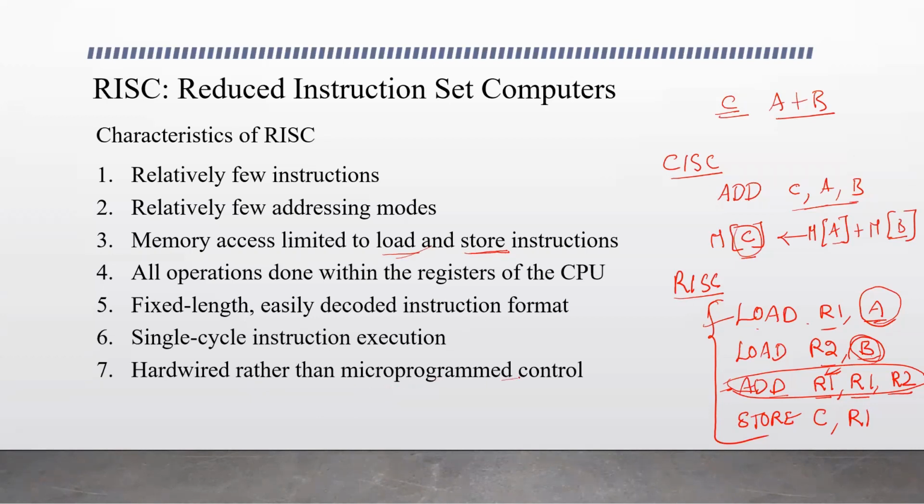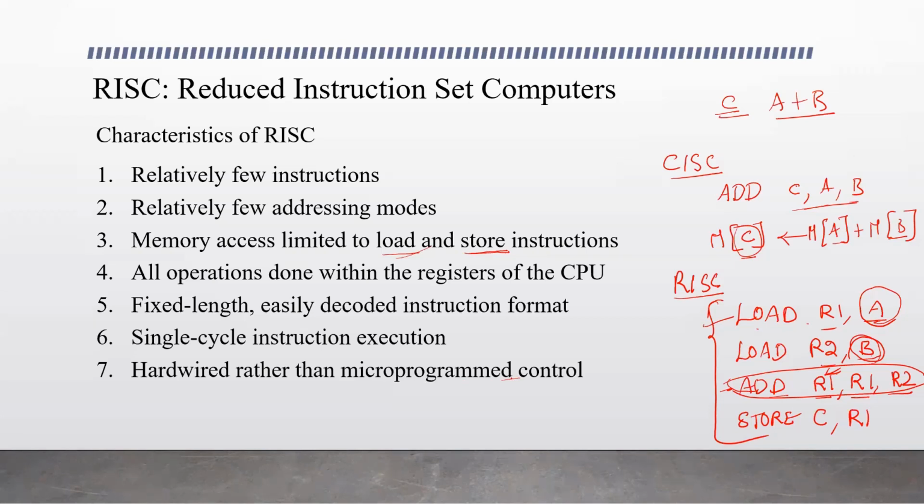In microprogrammed control, the control instructions are stored in the control memory, through which the operations are controlled. But here it is hardware controlled. It takes less time to perform the operations than microprogrammed control.